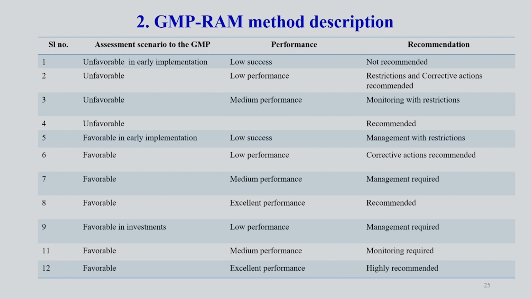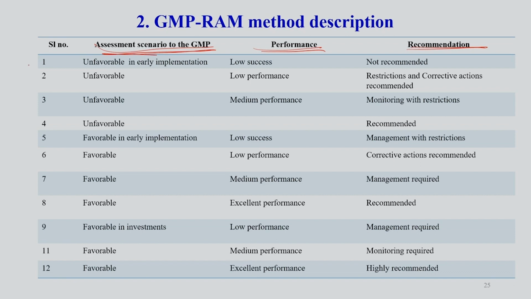Now, GMP REM methods of EIA: as you see, there are different assessment scenarios for GMPs having corresponding performance, and on the basis of performance you recommend, or you do not recommend that particular thing, or you advise for certain further testing or other necessary steps to be taken.